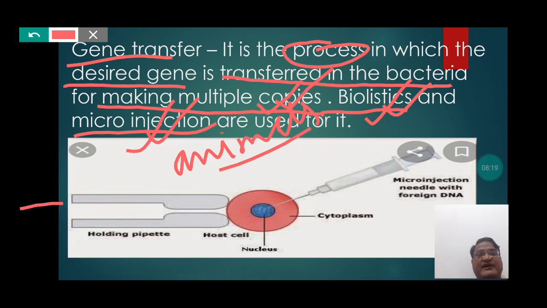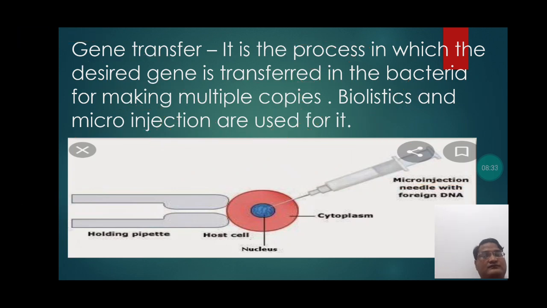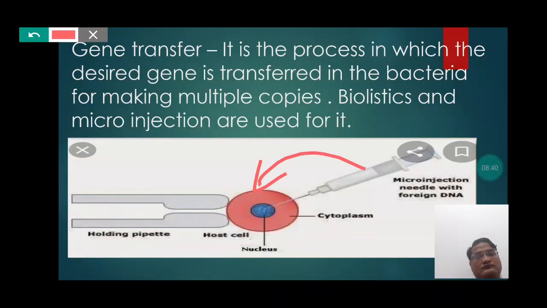So students, we can understand the concept of microinjection which generally takes place in the animal with the help of this picture, where the microinjection, as you can notice here, is being injected into the cell, particularly inside the nucleus, which is incorporated with the foreign DNA.